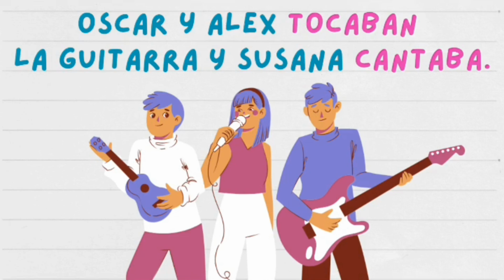Again, if you want to say Oscar and Alex played the guitar and Susan sang, you have to say Oscar y Alex tocaban la guitarra, y Susana cantaba. Okay, this will be your sentence using the imperfect past. Two simultaneous actions in the past, okay?